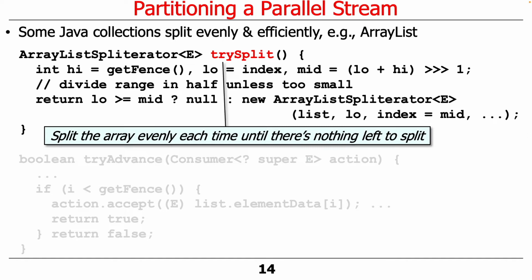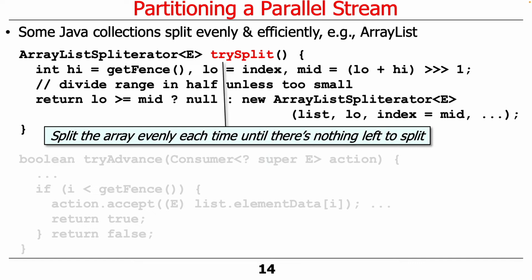And so what we're going to do then is say, is low greater than or equal to mid? In other words, have we split ourselves down to below the atomic size or to the atomic size? If so, return null. Otherwise, we make ourselves a new spliterator, which is going to cover the left-hand range, which is low to mid, and then the existing spliterator will be from mid to high.